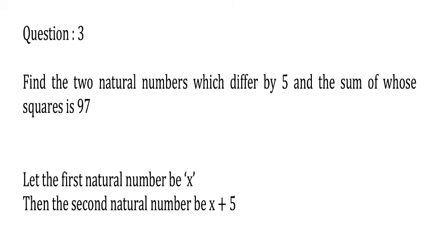We know the meaning of sum and also how to find out its squares. Let the first natural number be x, then the second natural number will be x plus 5. Why? Because it is given in the question that two natural numbers differ by 5. That means one number is greater than the other number by 5.